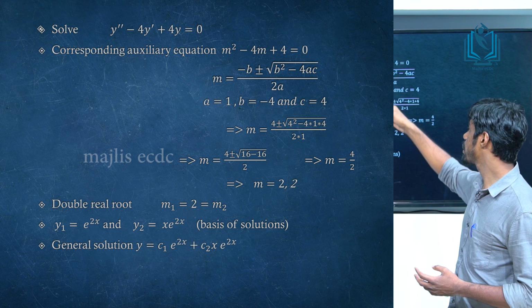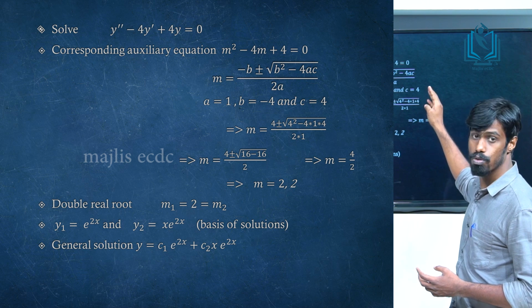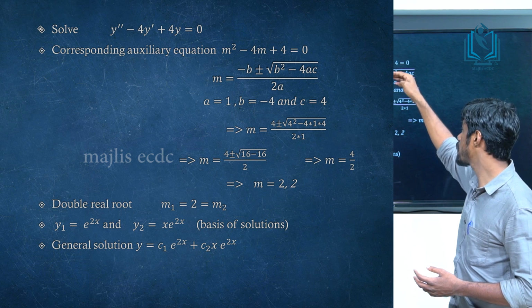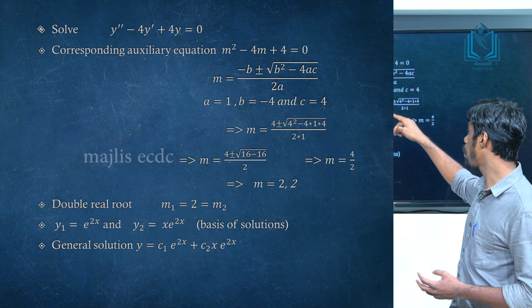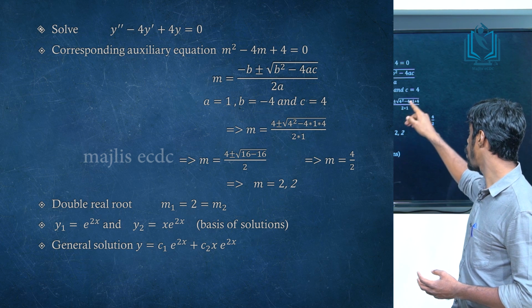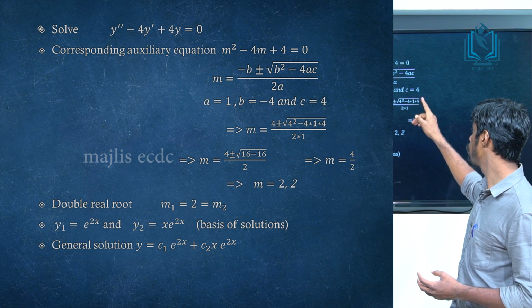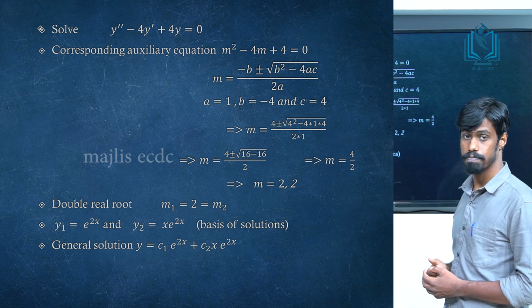Here a is equal to 1, b is equal to minus 4 and c is equal to 4. Substituting these values in this equation, we get m is equal to 4 plus or minus root of 4 square minus 4 into 1 into 4 all divided by 2 into 1.